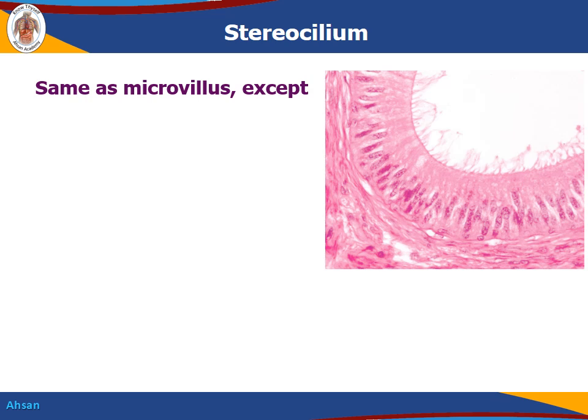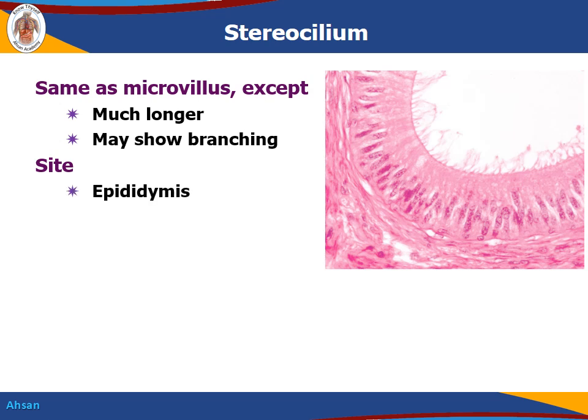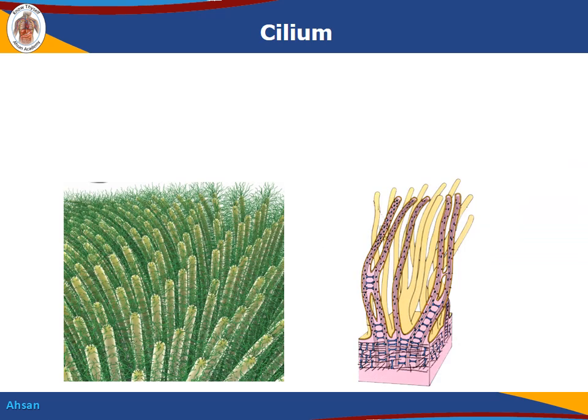Stereocilia are like microvilli, except they are very much longer than microvilli. Each may even be branched. They are present in the epididymis. Epididymis is the part of the male reproductive pathway.